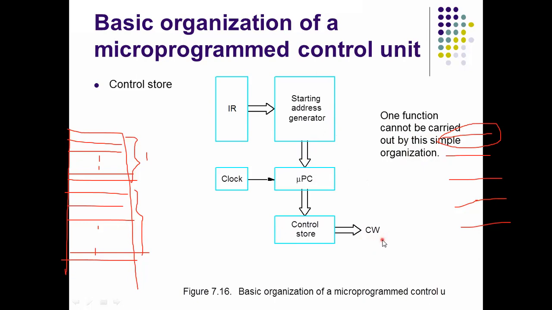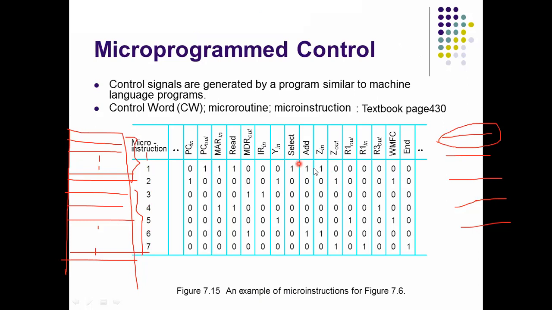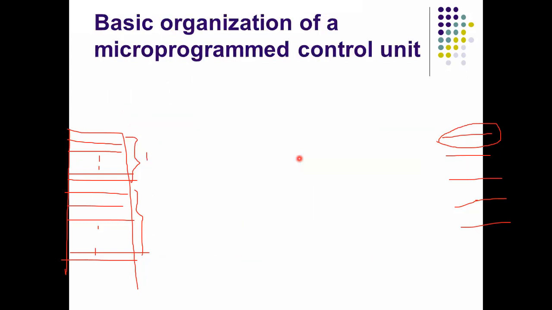It is a word whose individual bits represent the various control signals like this. That represents the individual bits for the various control signals. That is the control word. Okay?